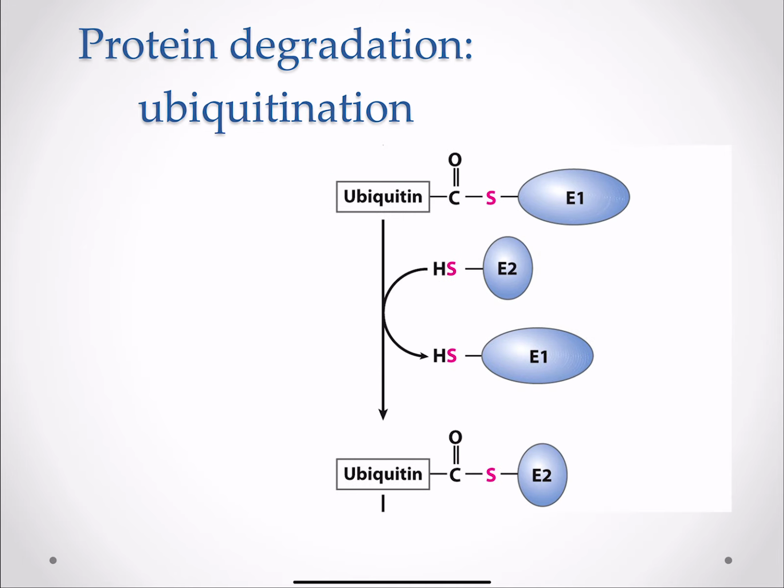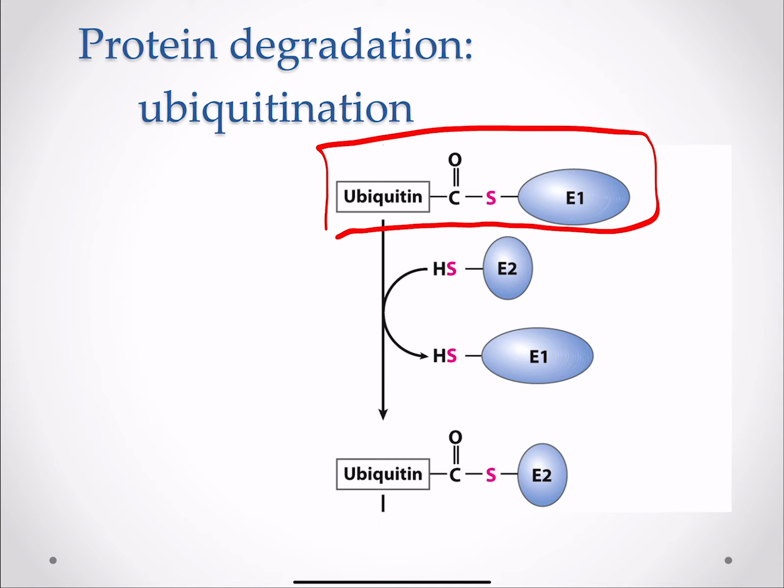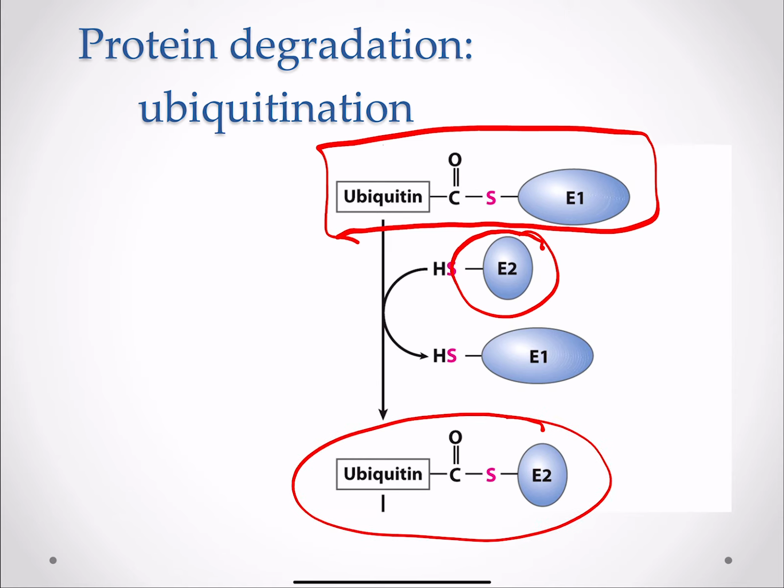And then this ubiquitin-activated enzyme 1 is going to transfer these activated ubiquitins to the ubiquitin conjugating enzyme 2. So enzyme 2 will swap in and you'll get that enzyme 1 released, and now your enzyme 2, which is your conjugation enzyme, has ubiquitin attached to it.